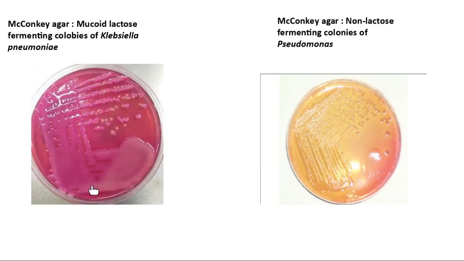Lactose fermentation is shown by this pink color, which has an indicator, and the color changes to pink because of the acid production from the lactose sugar present in the medium. Pseudomonas cannot ferment the lactose, so there is no acid production. When there is no acid production, the media color cannot change and remains the same. So it will indicate that the organism is Pseudomonas.